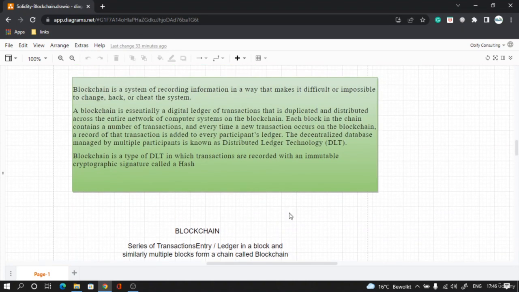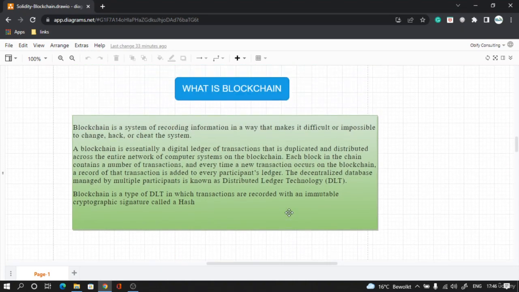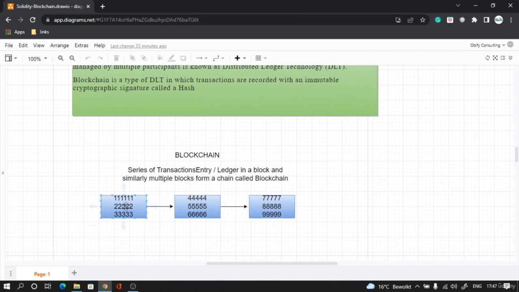Now if we go to the last part, it says blockchain is a type of distributed ledger technology in which transactions are recorded with an immutable cryptographic signature called hash. So when these transactions are recorded, they will be recorded with a cryptographic number.